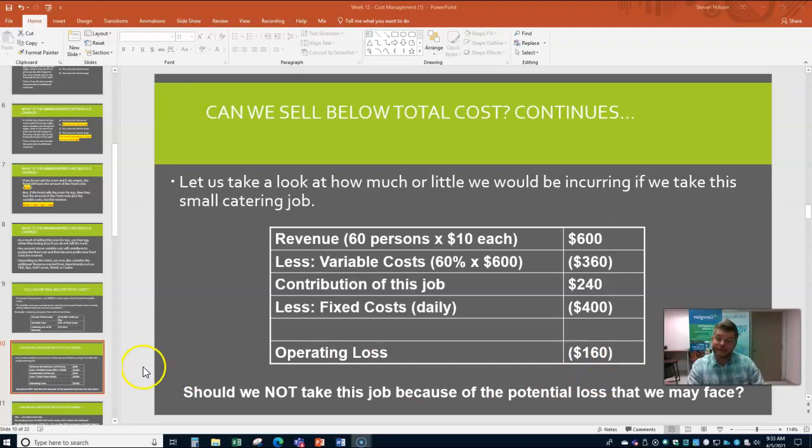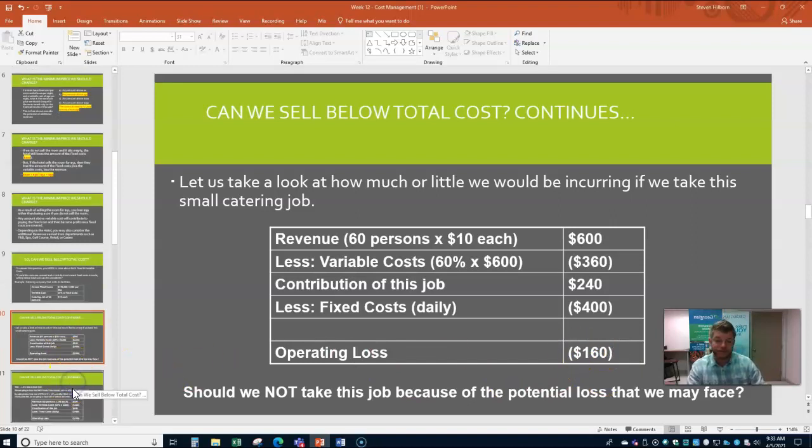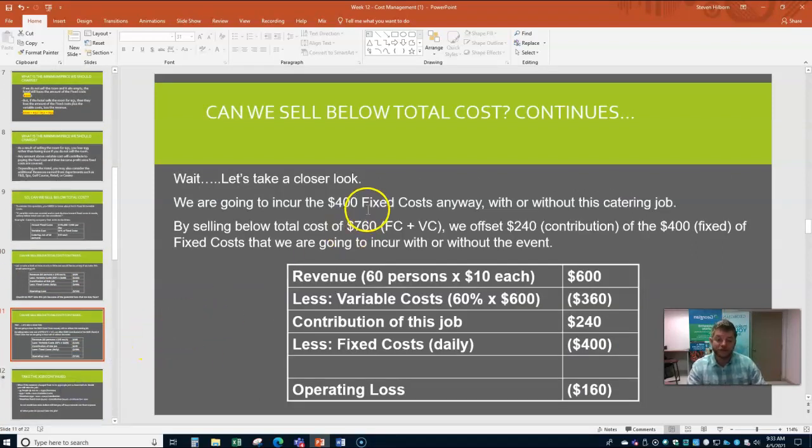So we look at this and say, hey, we're losing $160. But by losing $160, we will have offset $240 worth of the $400 that we have to pay regardless. Okay? So it's like someone owing you $400 and you don't get all $400, but you get $240 of it.